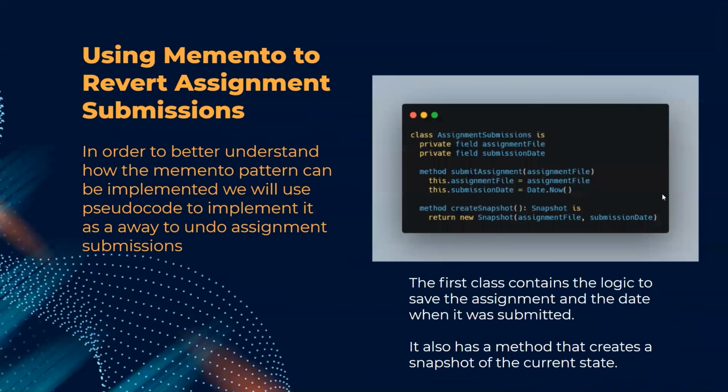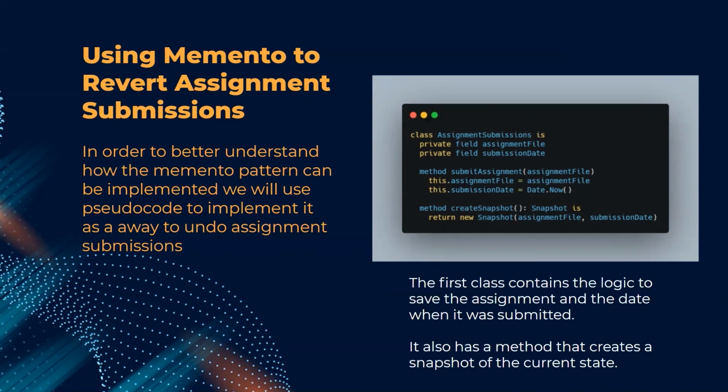Another good example would be to think about it in the context of the application that we are trying to build this semester. For example, we can use Memento so that each student can revert the submissions that they have made and set a previously submitted assignment as the main one.